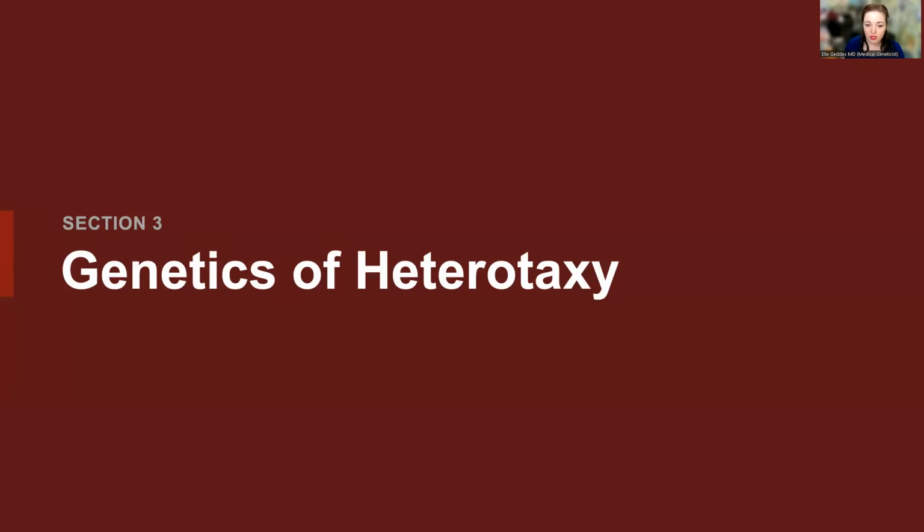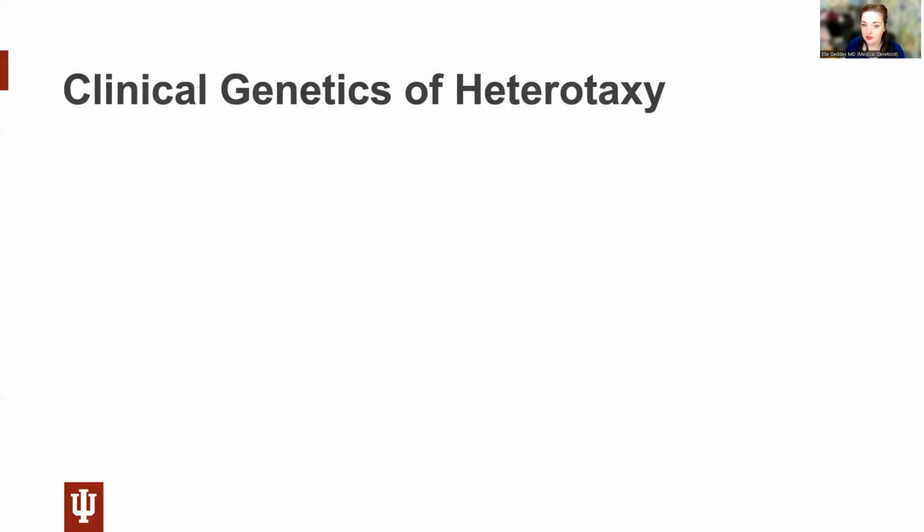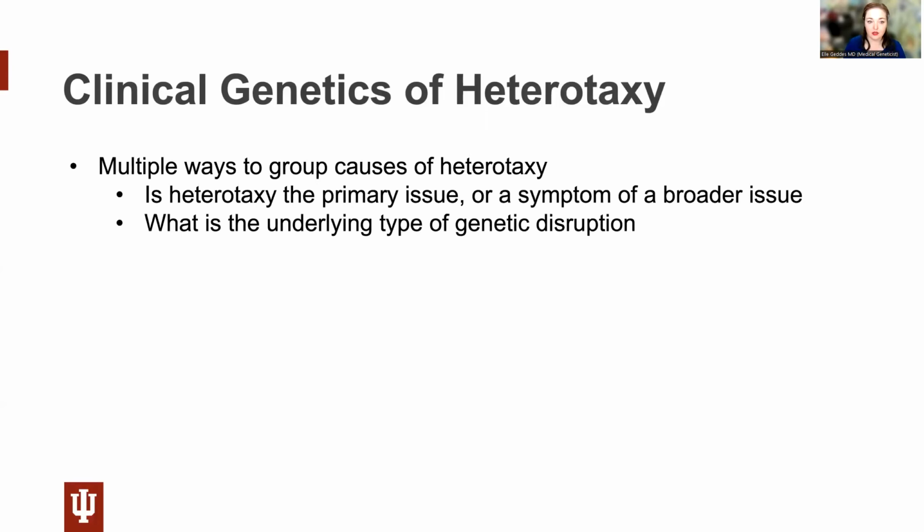And so when we go into the genetics of heterotaxy, particularly the clinical genetics of heterotaxy as it stands right now, we can group the causes in multiple different ways. We can say, is heterotaxy the primary issue, or is it a symptom of a broader issue or broader genetic syndrome?